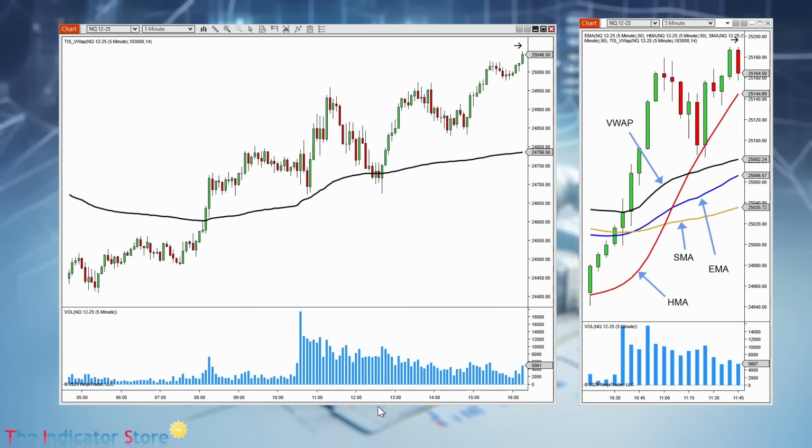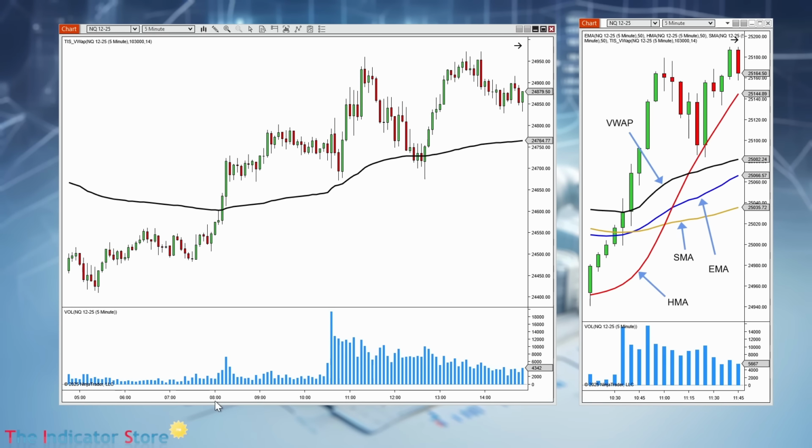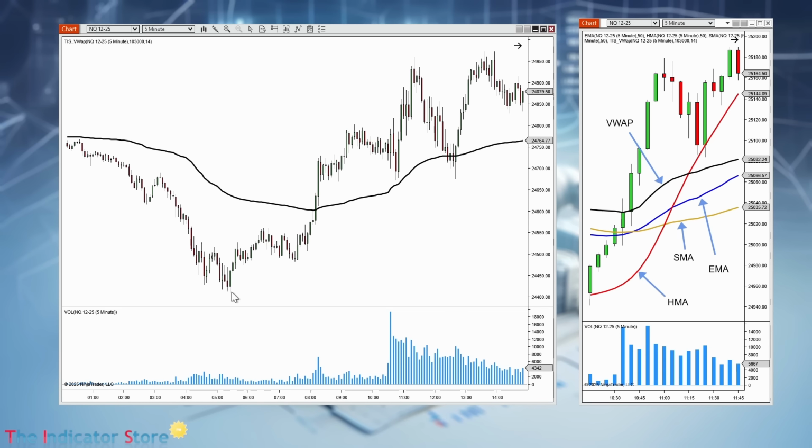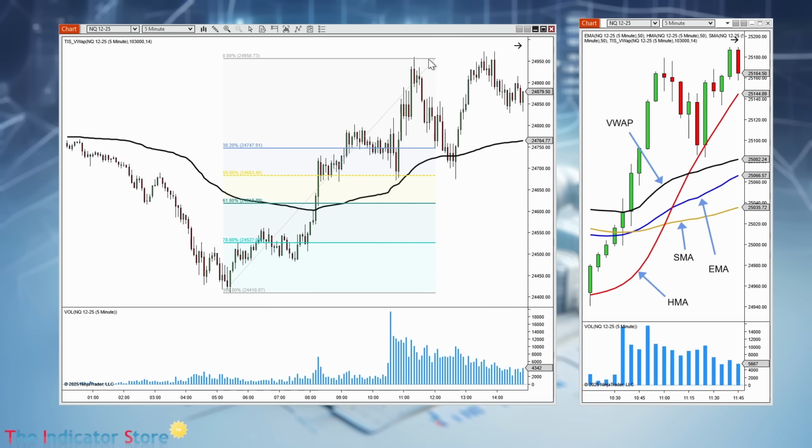This is another example where, starting from the pre-market, we reach this high and then we have an overlap of the 50 and the VWAP.